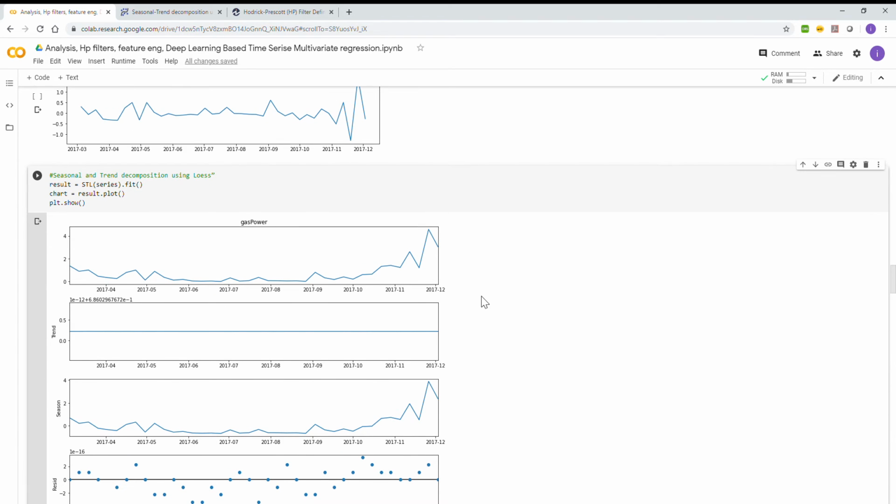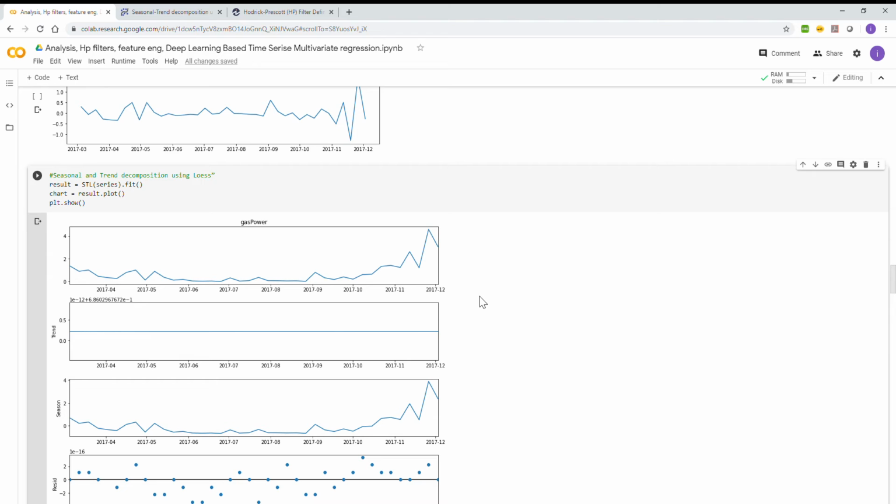A cycle is not fixed. A season is fixed. And seasons are also small, and cycles are big. It's a huge effect. More than, I guess, 2 years is something we can talk about as a cycle.